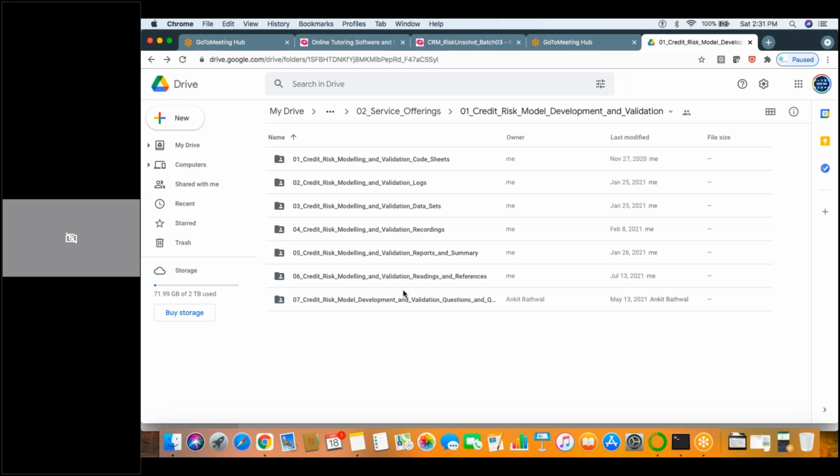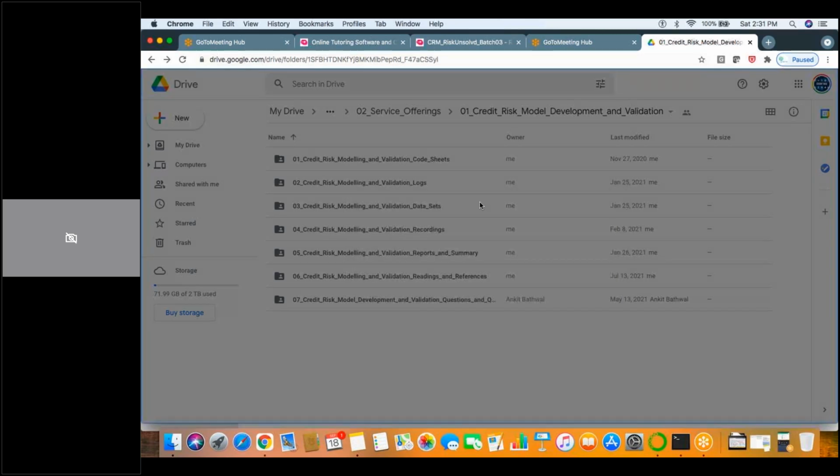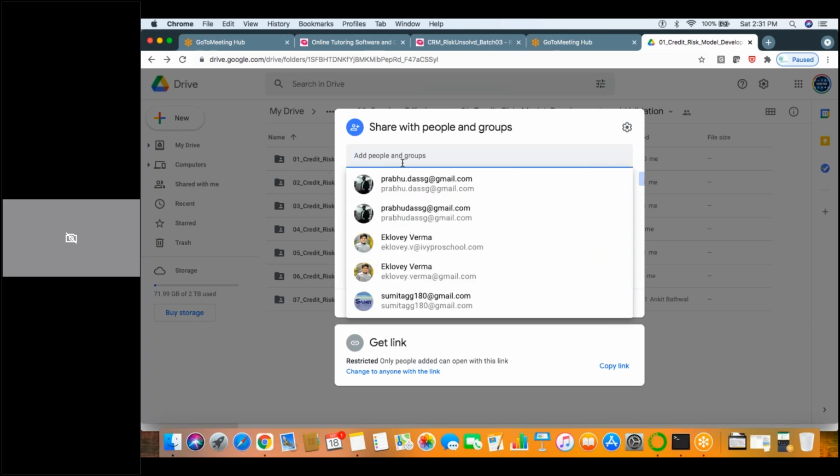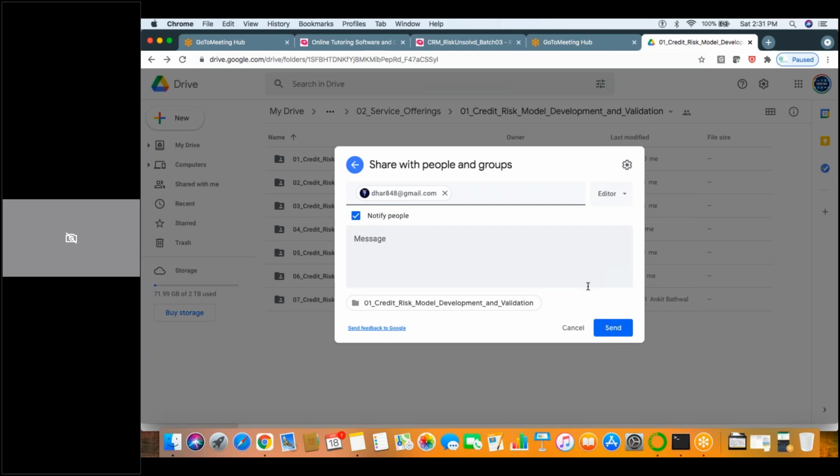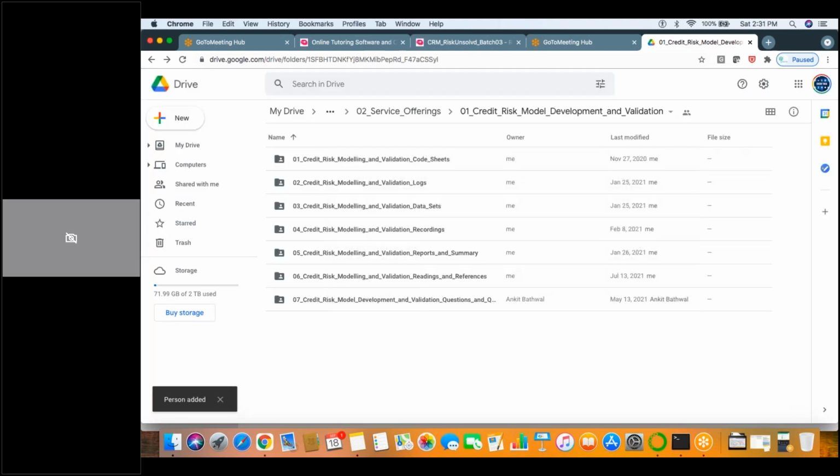Any questions around this part? No. Once you share the link, I'll start on the regulatory modeling side of it.